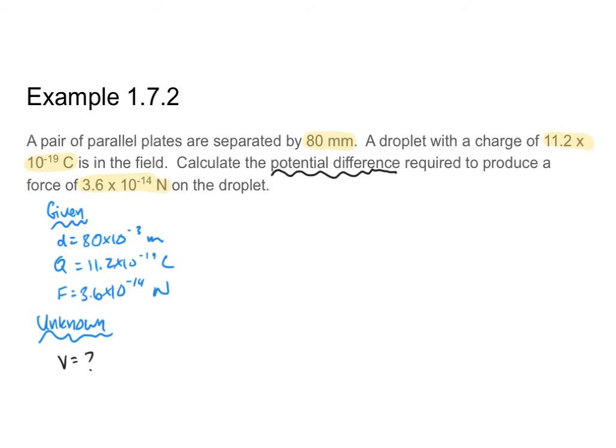Let's go ahead and go forward now and figure out our equation. To do that, we're going to do a little bit of a multi-step trick. I know that my electric field is equal to the voltage, that is the potential difference between my two parallel plates, divided by the distance by which they are separated, which is D. I also know that my electric field is equal to the force per unit charge between my two parallel plates.